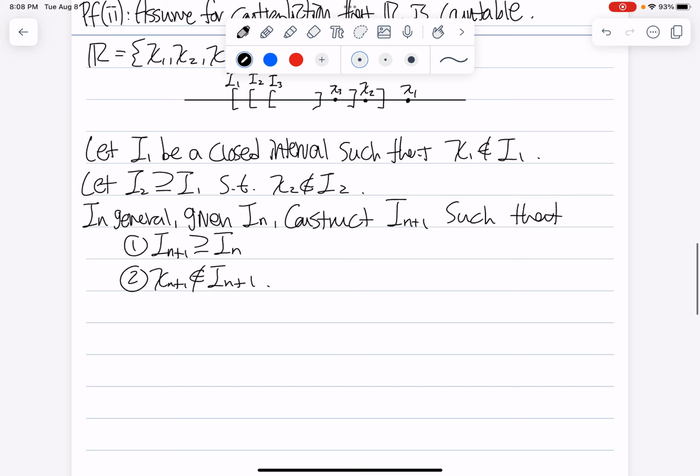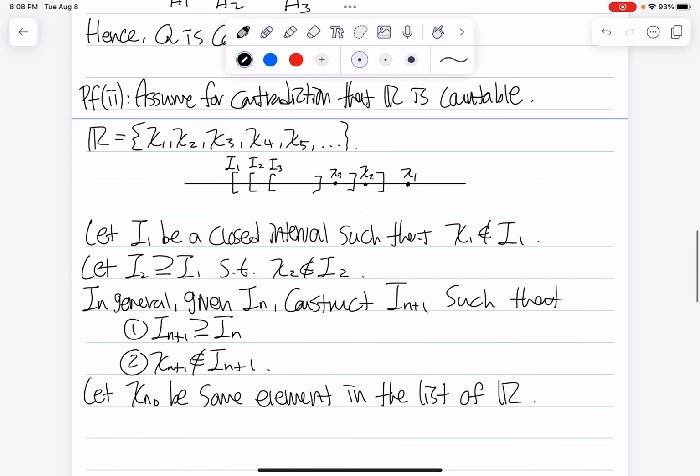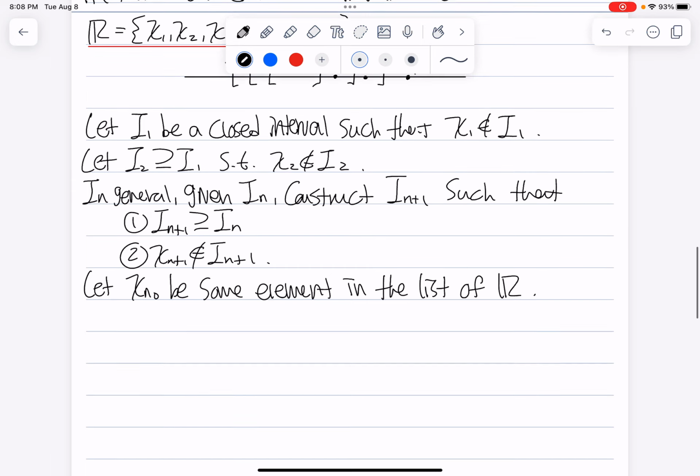All right. Now, let x_n0 be some element in the list of R. So the list of R is referring to this list of R. All right, so we're going to let x_n0 be any element in that list.